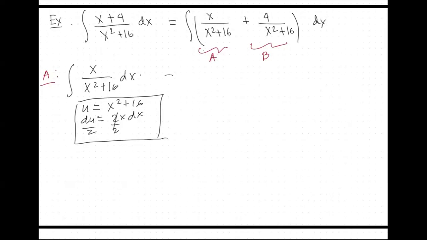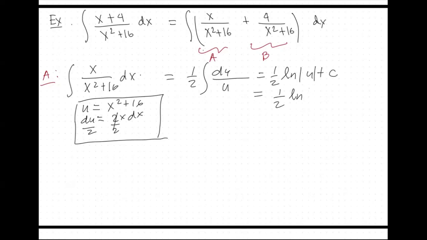You get x dx is 1/2 du, and then put this one outside, and then u. So here we get 1/2 ln of u plus c. Here we get 1/2 ln of x squared plus 16 plus c1.